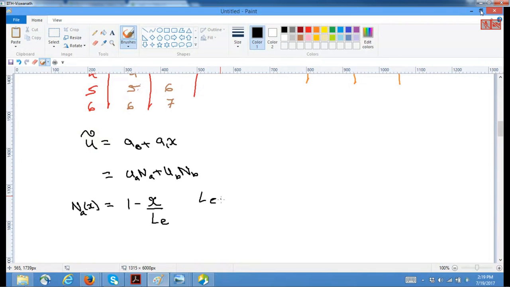LE is not necessarily equal to L. L is the length of the bar. LE is the length of the element.